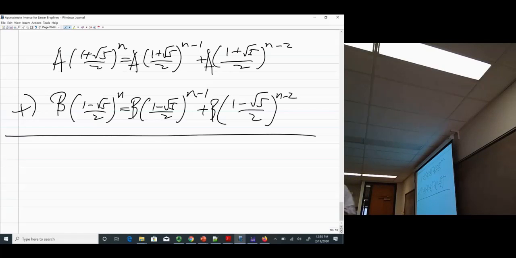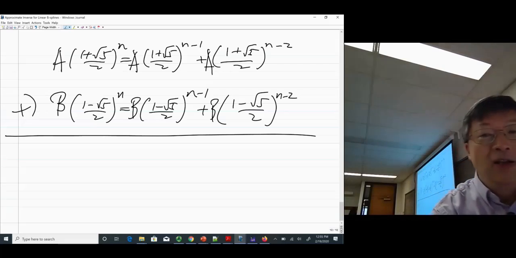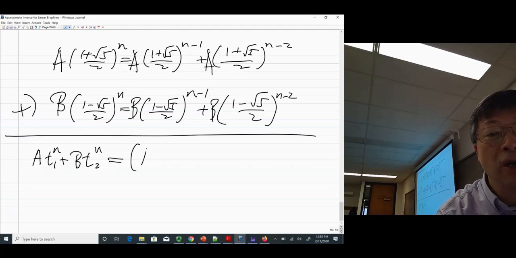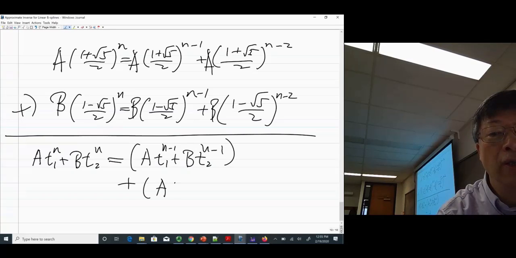Let me write fast. That is A T1 to the nth power plus B T2 to the nth power, equals A T1 to the n minus 1 plus B T2 to the n minus 1, plus A T1 to the n minus 2 plus B T2 to the n minus 2.